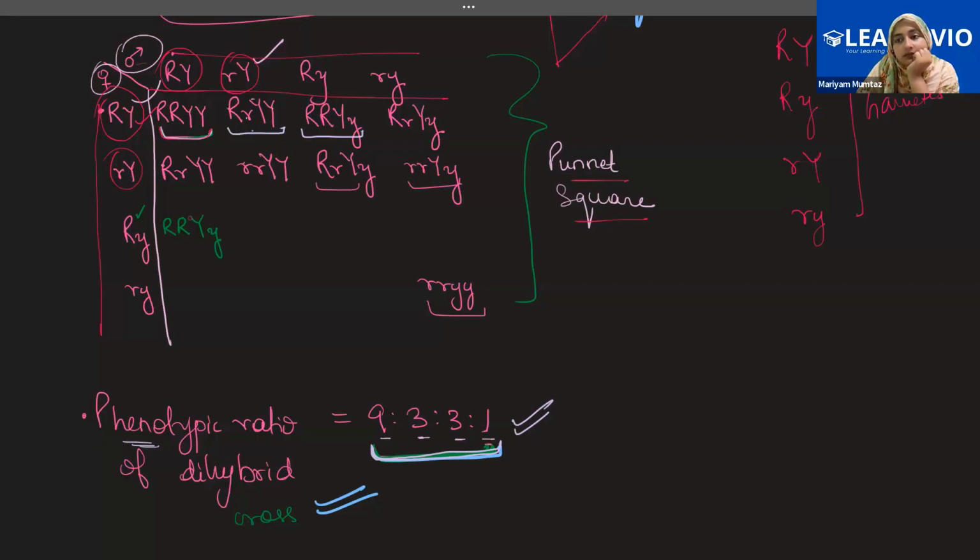Round and yellow. Sixth? Wrinkled and yellow. Seventh? Round and yellow. Eighth? Wrinkled and yellow. Ninth? Round and yellow. Round and yellow.